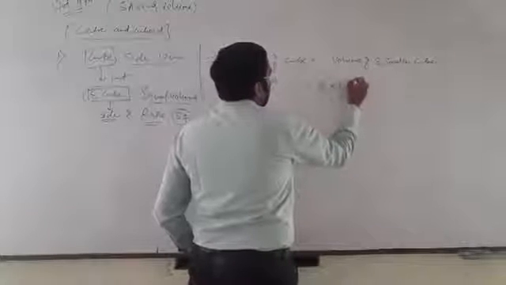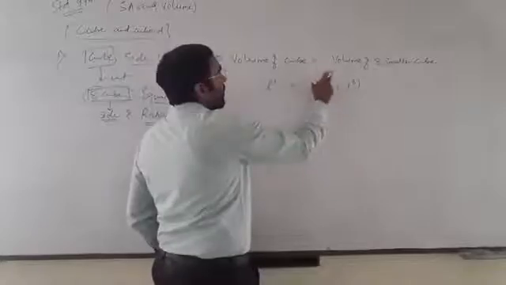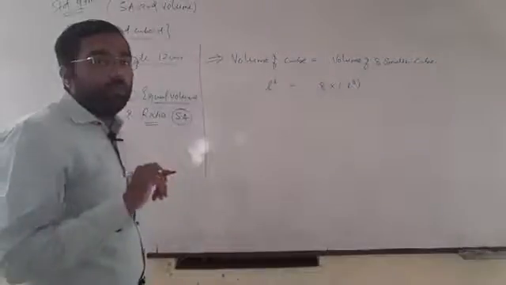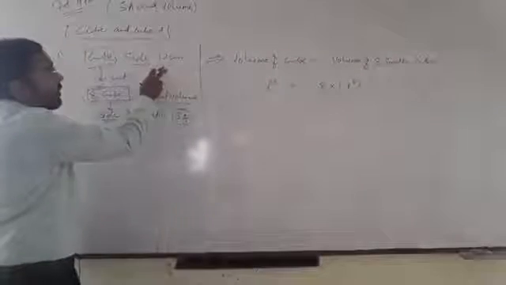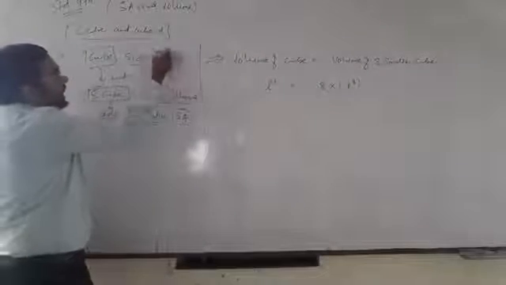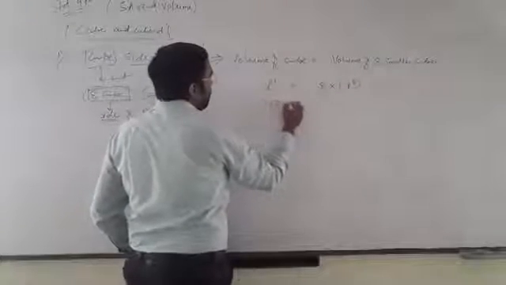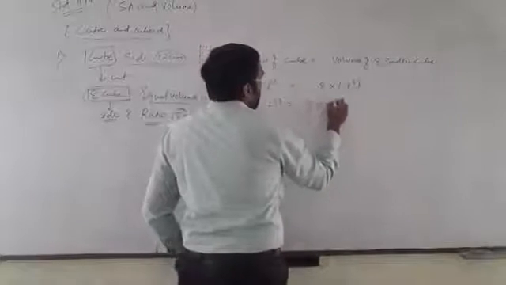Here are my 8 smaller cubes, that's why I multiply 8 with the volume of 1 smaller cube. For the volume of the bigger cube, I'll take the side that is given, so 12 cube equals 8 into L cube.